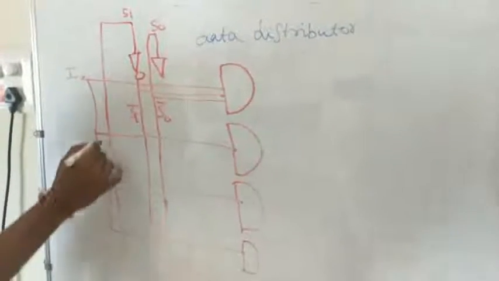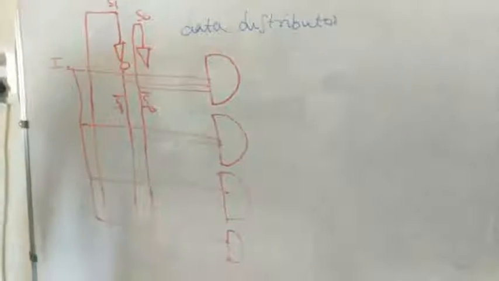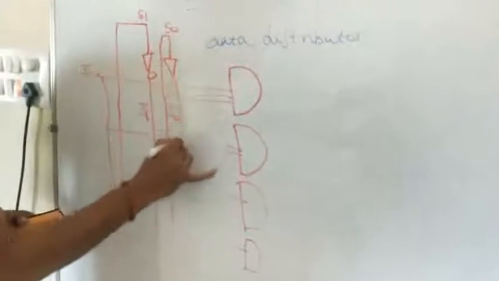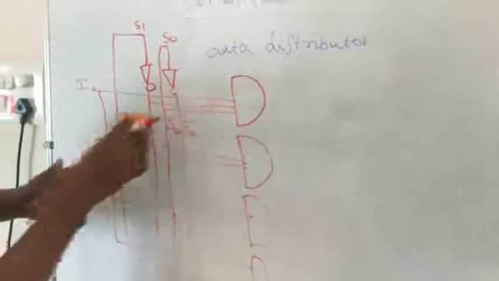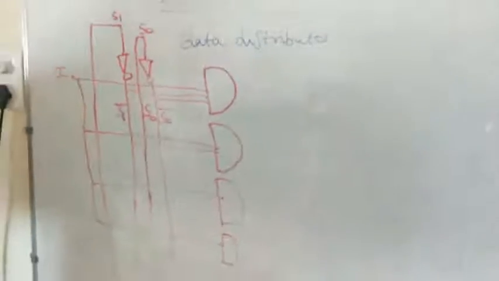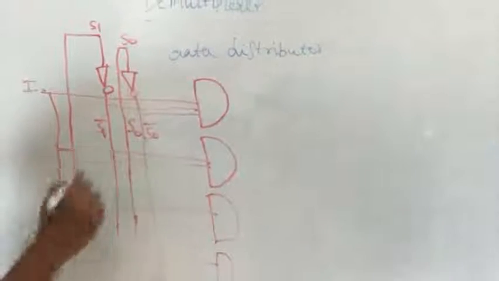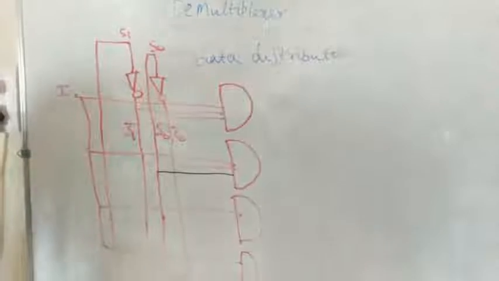Then 0 1. 0 1 means we take S1 dash to make it 1, and then 1 means we have to take S0 alone.